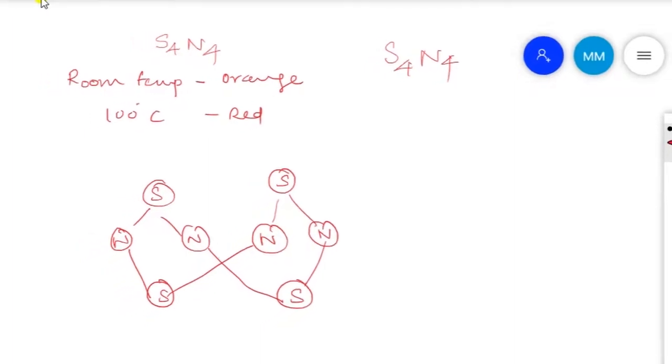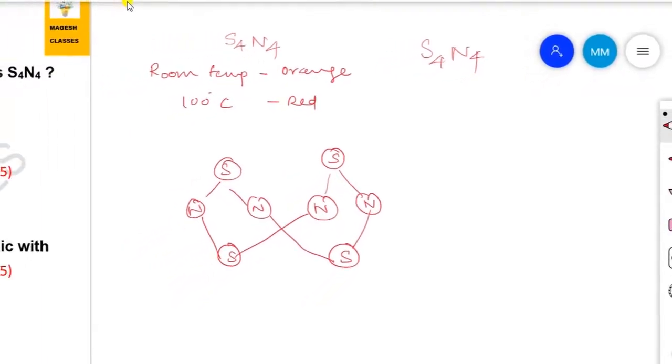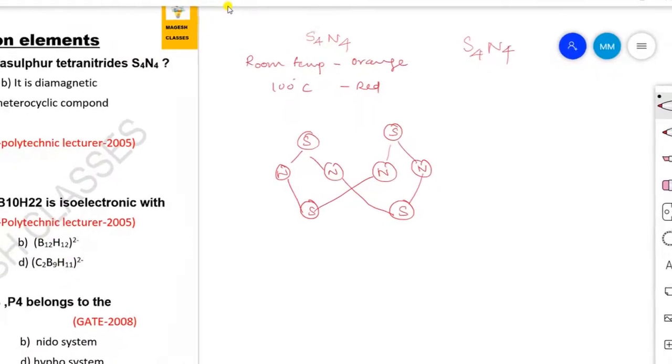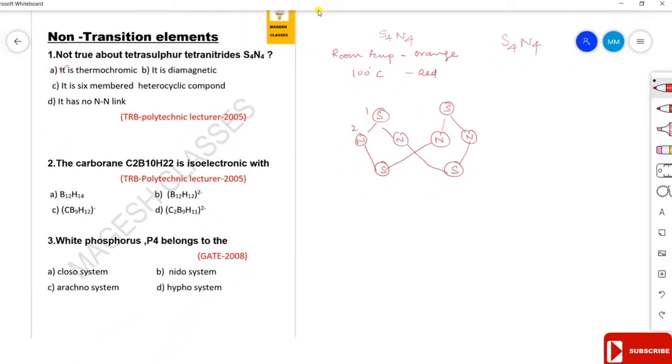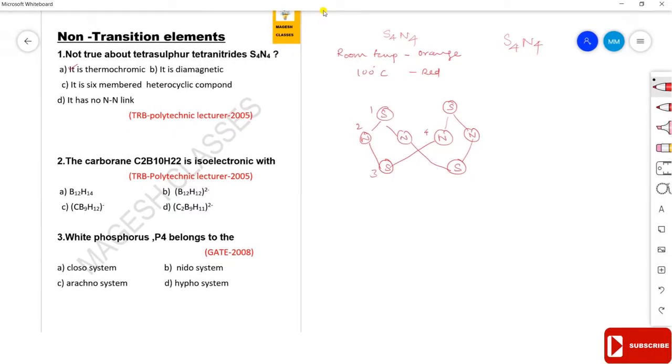It is a heterocyclic compound, so it has a hypothetical 8-member ring. See the number: 1, 2, 3, 4, 5, 6, 7, 8. It is a heterocyclic hypothetical 8-member ring. So the statement that it is a 6-membered heterocyclic compound is not true. It is a false statement.